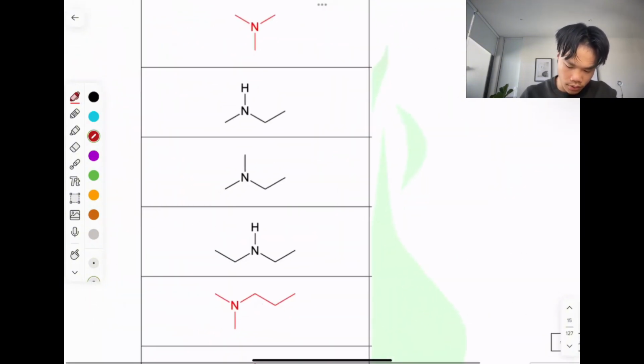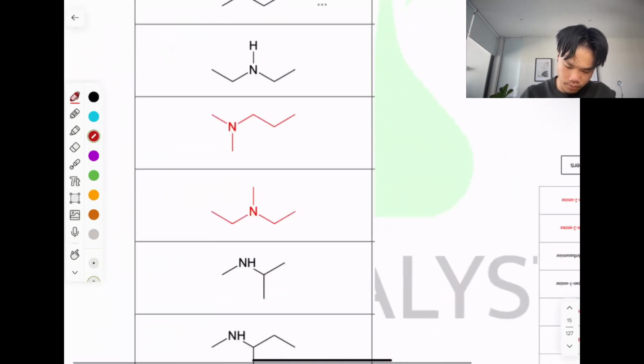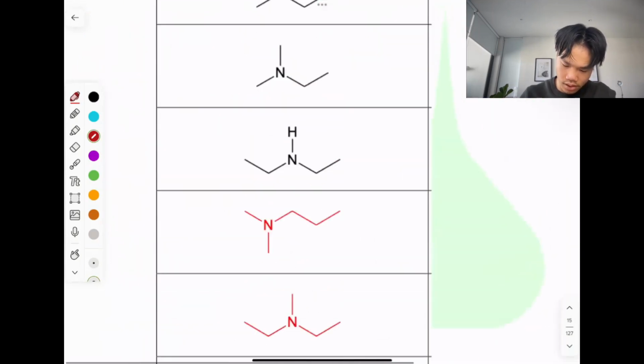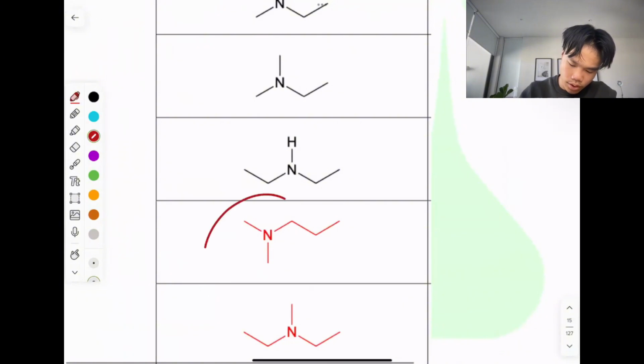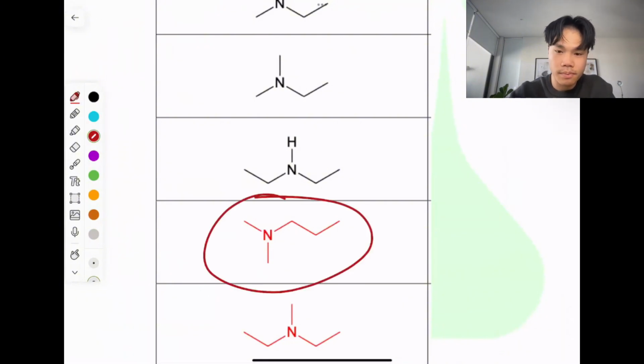So can everyone have a go trying to name, let's try to name this one. Type your answers in the chat. What's the name of that molecule? As in, how would you name it, the IUPAC name?